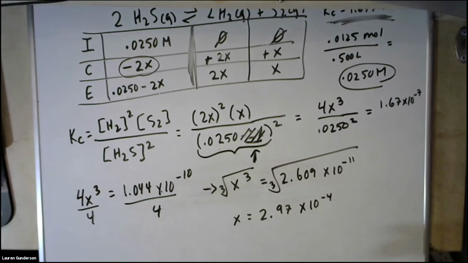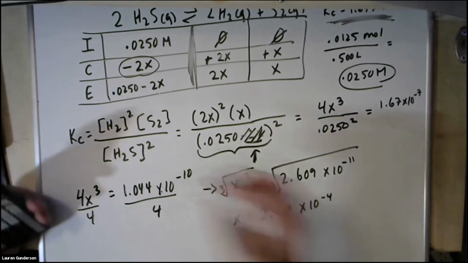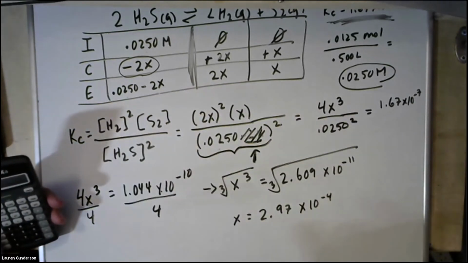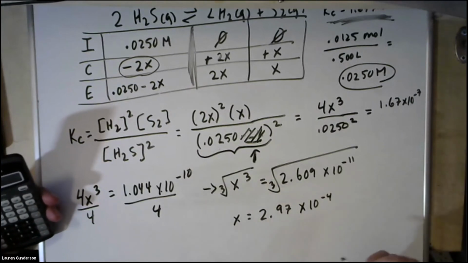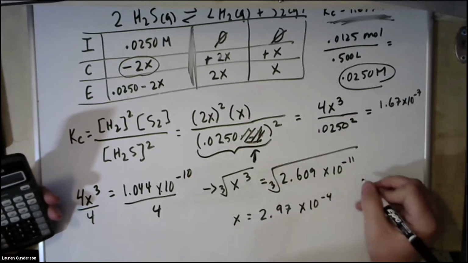Okay, before we can take that step though, we just need to check to make sure that our approximation is valid. Okay, and for that, we use what's called the 5% rule.